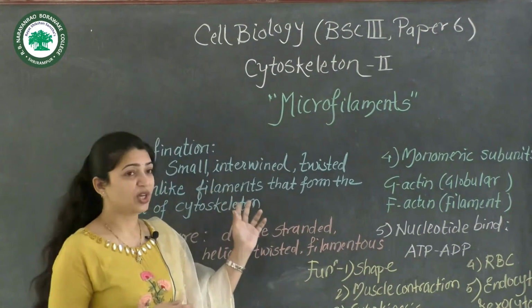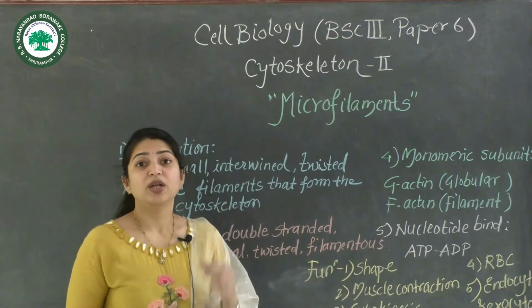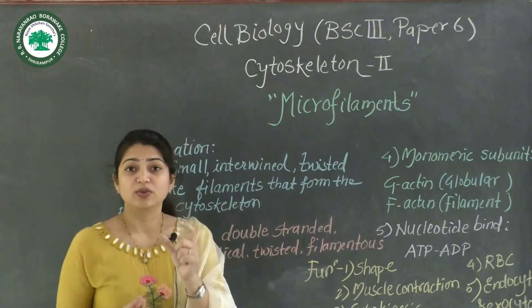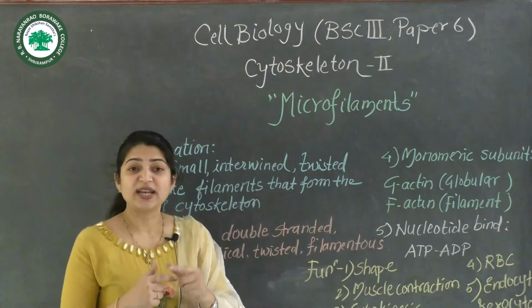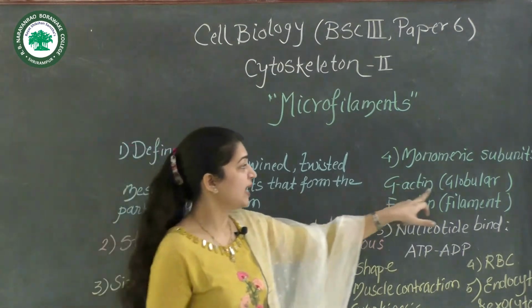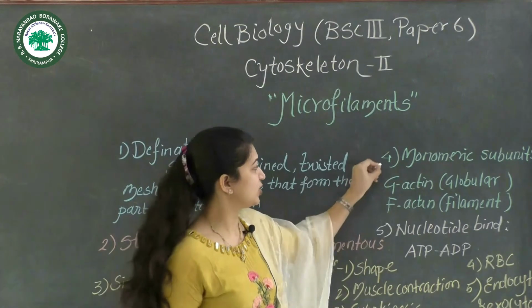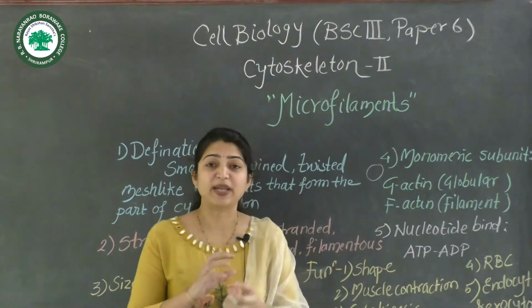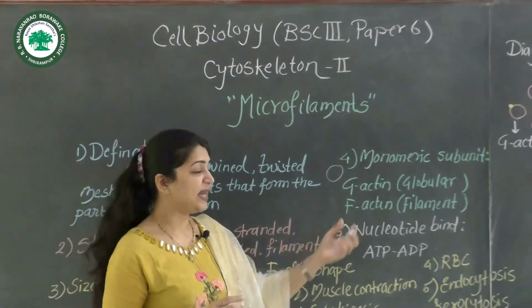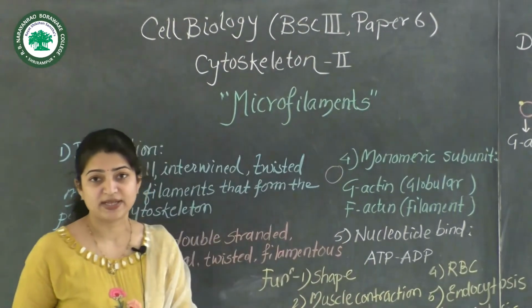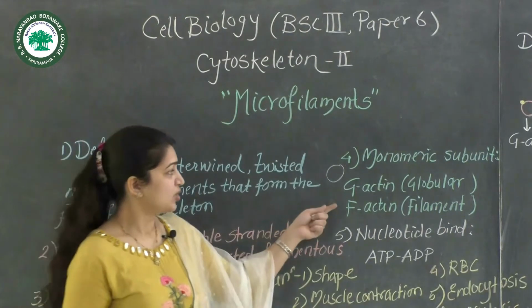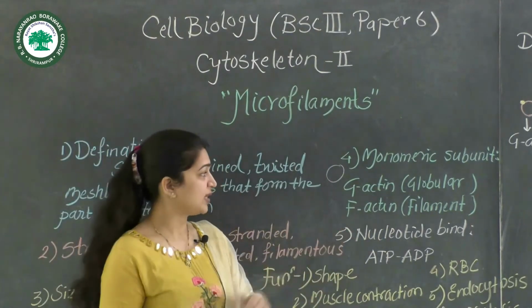This filamentous structure contains actin globules, called G-actin. Why G-actin? Because it is spherical or globular in structure. The other monomeric subunit is the F-actin, which is filamentous in structure. Hope you understood this monomeric subunit.